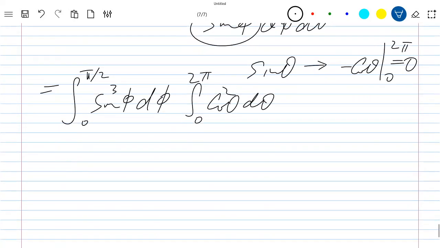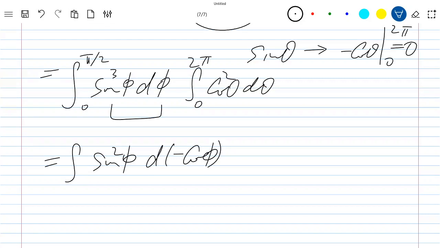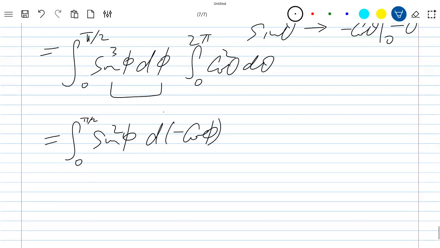So what is that? Again, you have to move one of them there, so you get sine square phi and d of negative cosine phi, right? From 0 to pi over 2, and this you write down as a double angle formula.